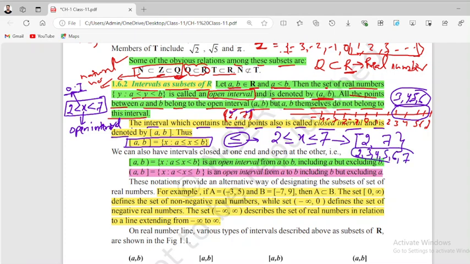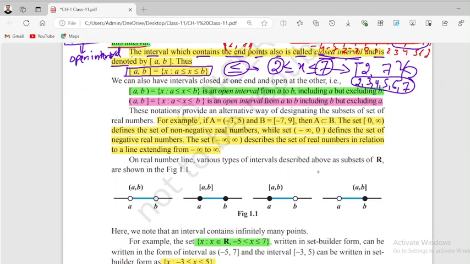All these values we can consider in this closed interval. Whatever is given in the place of 2 and 7, we consider as well, and the values between them are also part of this interval. So this interval is called a closed interval.